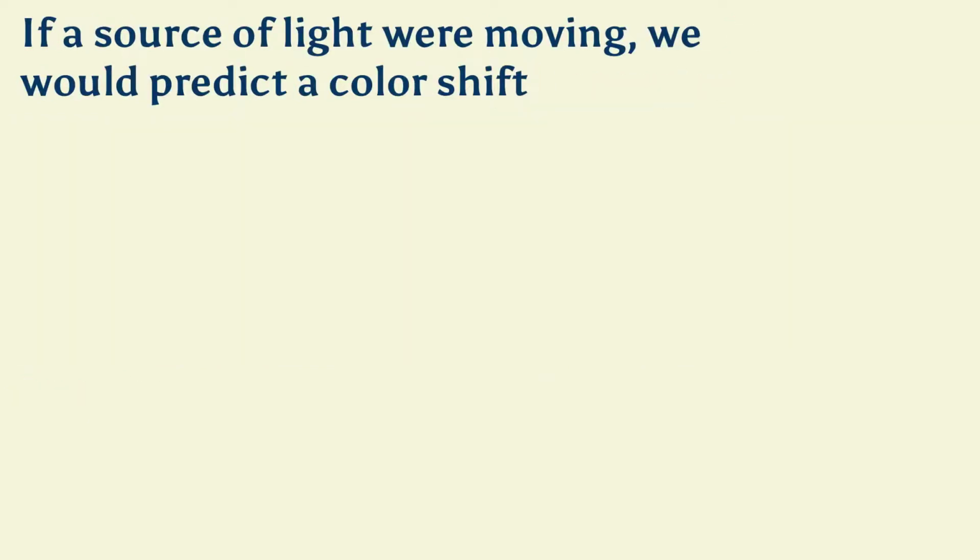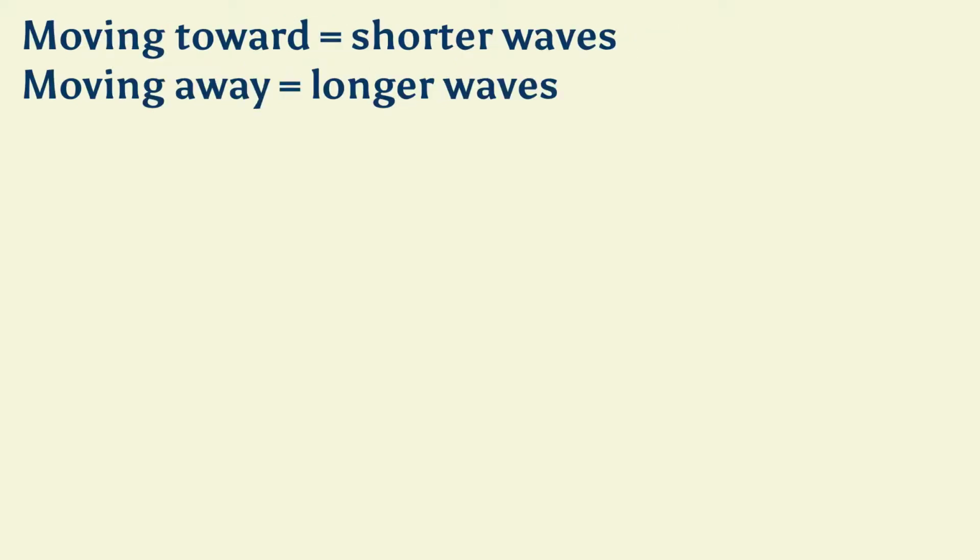If a source of light were moving, we would predict a color shift. Again, thinking about that Doppler effect, moving toward us would result in shorter wavelengths. Moving away from us would result in longer wavelengths.